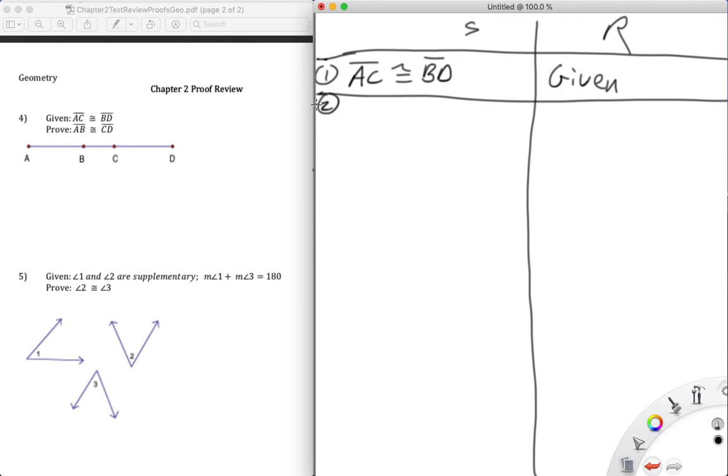Segment AC is congruent to segment BD, given to us. If they're congruent, then they're equal. Definition of congruency.